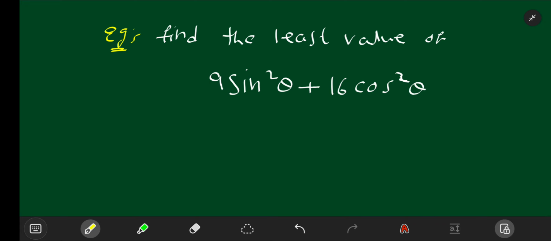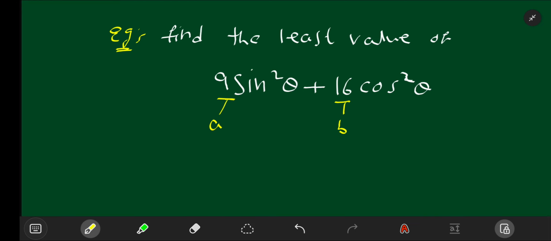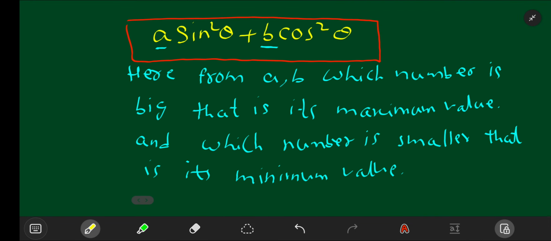At the place of A, 9 is there. At the place of B, 16 is there. Here I said as a statement, from A comma B, you have to observe that these are trigonometric functions also.